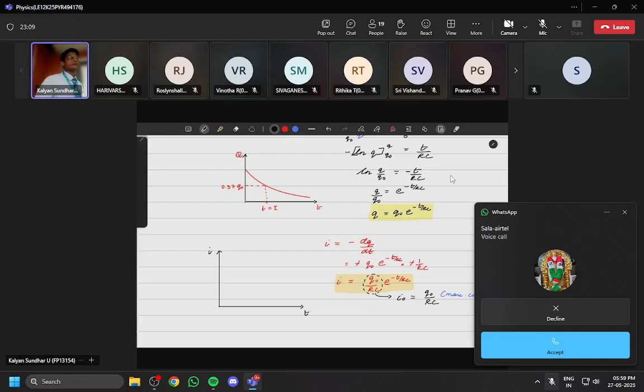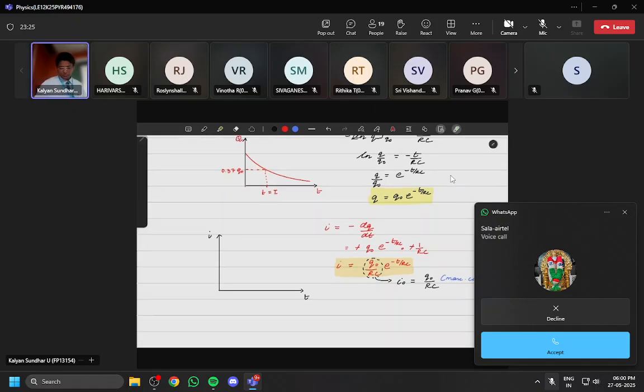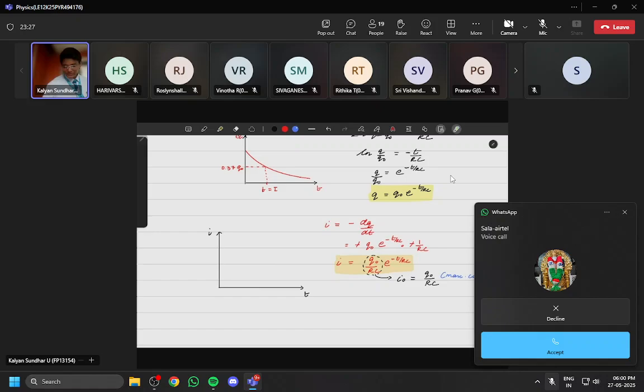Now what about current? Current keeps on decreasing. If you look at the charging graph, the I value will be same as this, the graph will be like this, and the Q value will go from here like this. Correct? So here it is completely opposite, and the current value will be of the same kind.